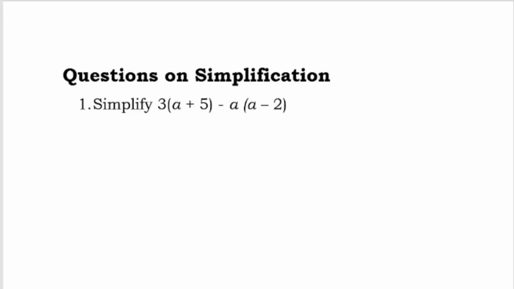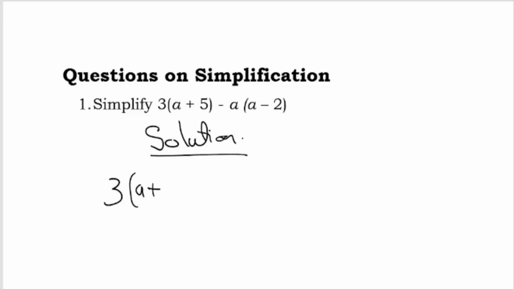Question 1. Simplify 3(a + 5) minus a(a minus 2). Let us look at how we work this one out. So we are given 3 open bracket a plus 5 close bracket minus a, like that.